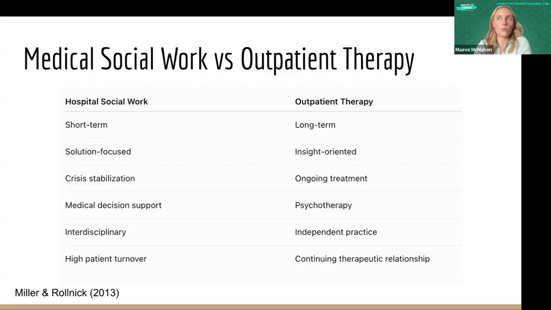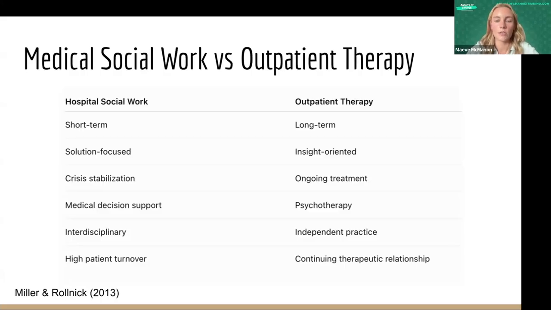Yes. So a lot of what we are doing in discharging patients is connecting them with outpatient resources so they feel like they're supported in the community. So if you have someone who is on an inpatient psych unit, you're not going to just discharge them to the community without any support, right?